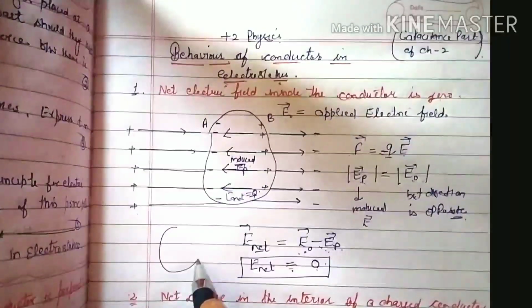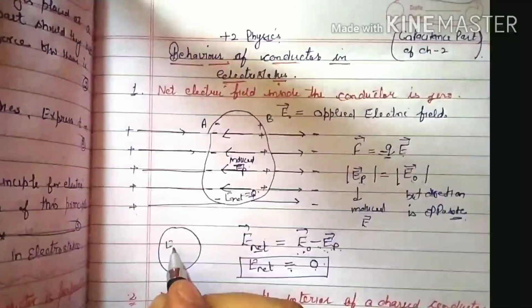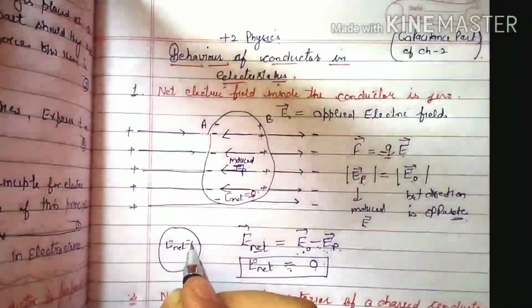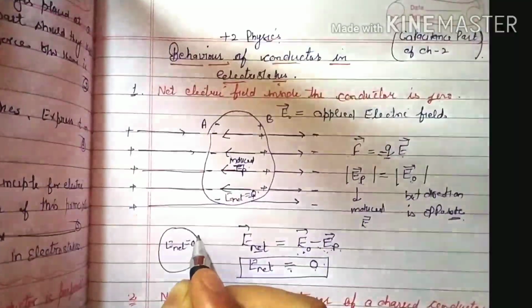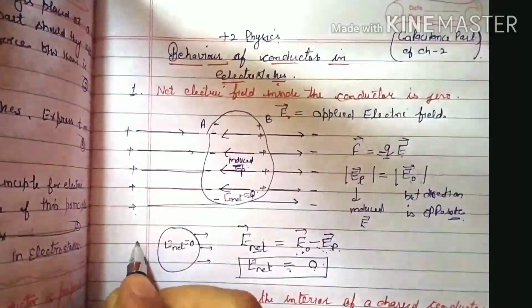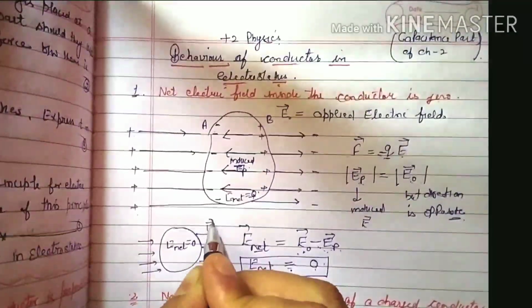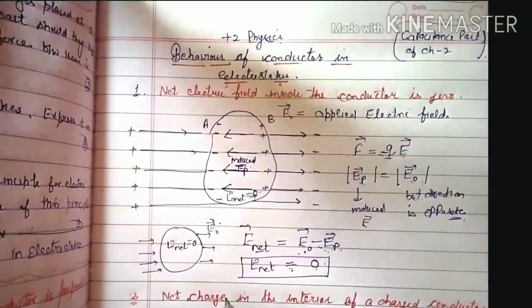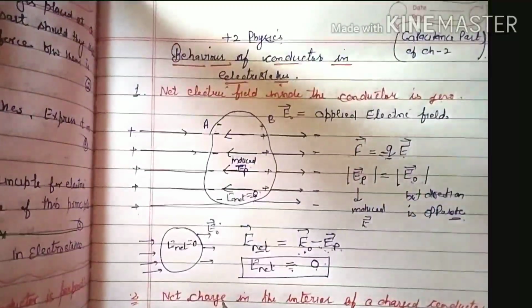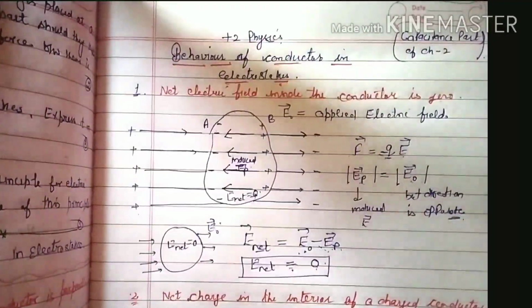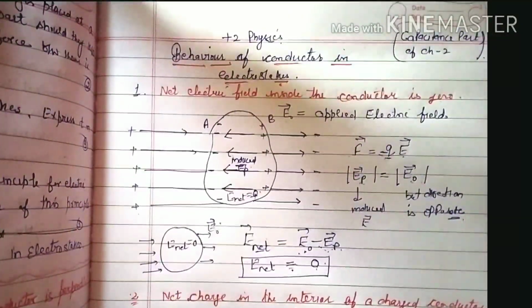The electric field is only outside of this conductor. So this is our first behavior of the conductor in an electrostatic field.